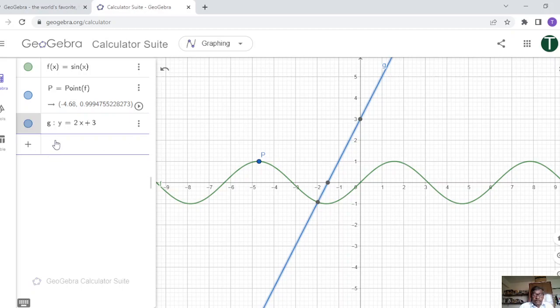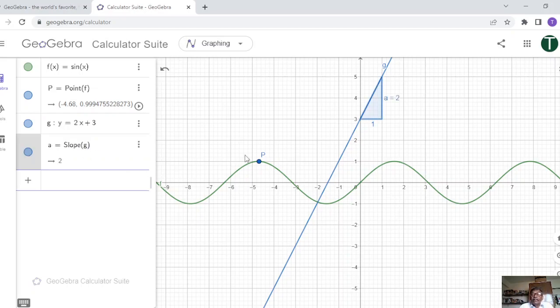If you write Slope of what? Of a line, which is g in this case, you will get this nice triangle to indicate how the slope is calculated, and the value of the slope is denoted here.